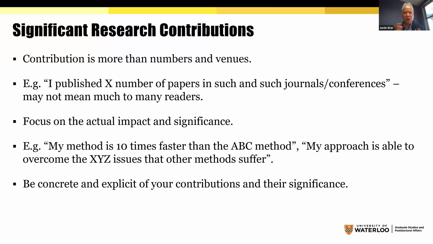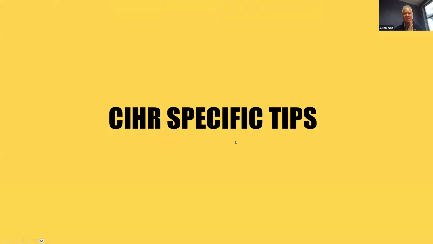For example, it's more useful to say my method can be faster than the other method, my method can do more, we can overcome more issues than some other method. So be more concrete and direct about your contribution and the significance of your research in preparing your proposal. So that's what I wanted to say, a few tips about NSERC, and let's move on next.